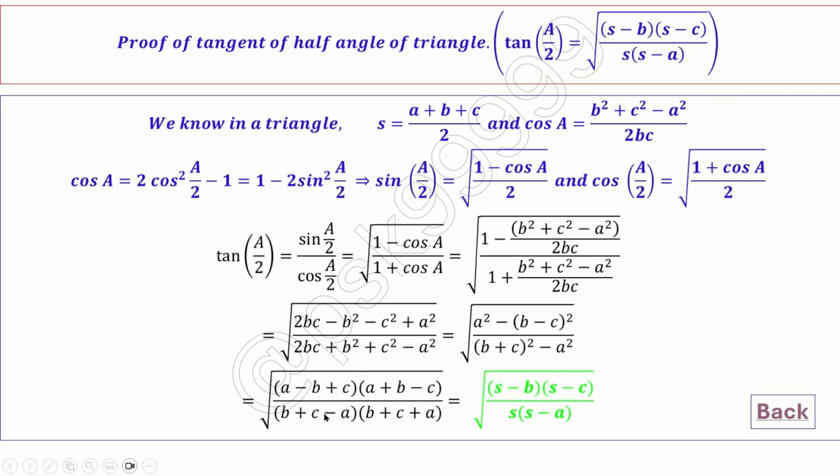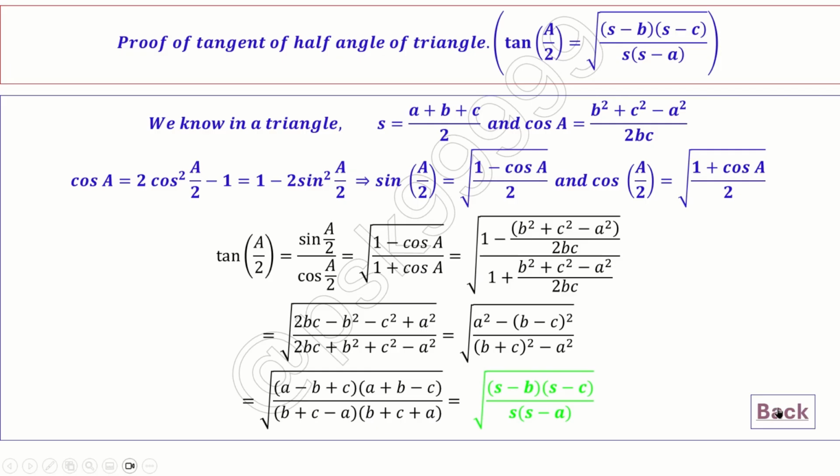Basically you will get a multiple, but the same thing gets cancelled here. This is also 2S, this is also 2 times S minus a. So things will get cancelled, because this is nothing but S minus c and this is nothing but S minus b. So this is the proof of tan. Similarly, you can do it for cos and sin very easily.